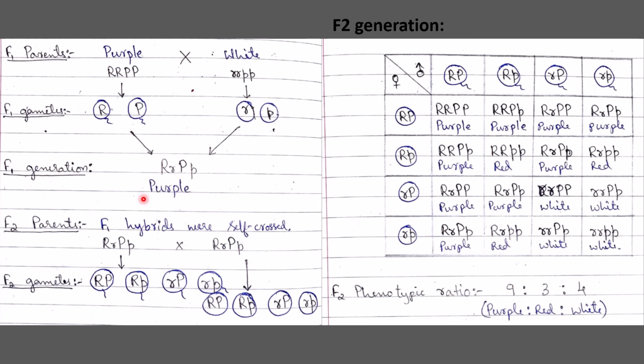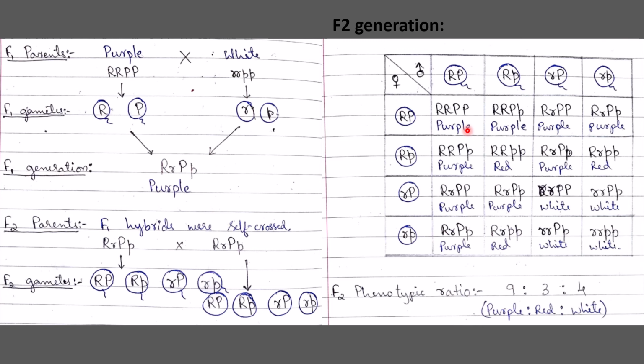And these purple F1 hybrids are treated as F2 parents here, and the genes segregate and independently assort into the different gametes, and these gametes are taken on either side of the Punnett square. First, the genetic constitution of all possible progenies is written in the given boxes. Now, before assigning the phenotypes, we'll have to look into the genotypes.